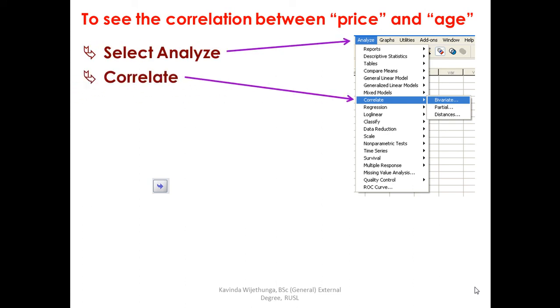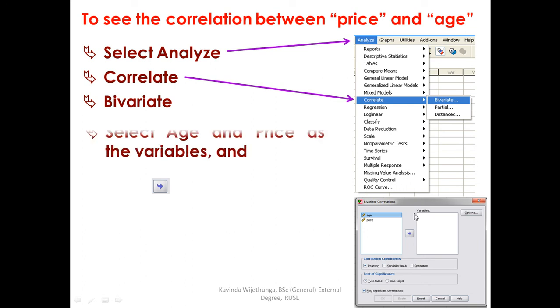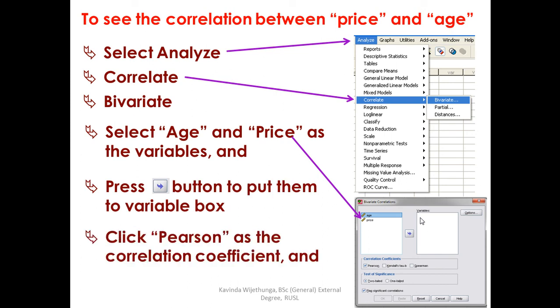To do this, you have to go to analyze, correlate, and since there are two variables, we use bivariate. Then this dialog box appears, so you have to enter the variables age and price into the variables box. Click Pearson as the correlation coefficient, then click OK. So now we will see how we can find the correlation using SPSS.